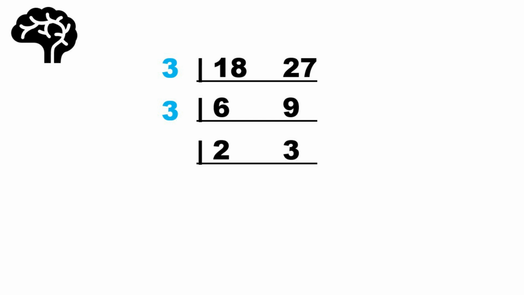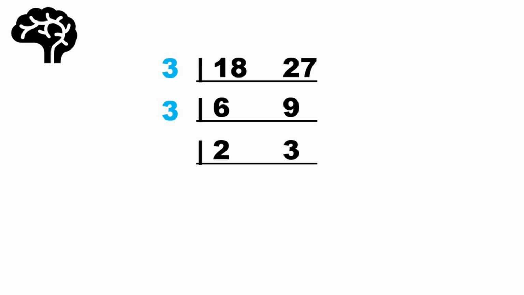So let's divide 18 and 27 by 3. 18 divided by 3 is equal to 6. 27 divided by 3 is equal to 9. 6 and 9 have a common factor of 3, which is a prime number. This means we can divide 6 and 9 by 3. 6 divided by 3 is equal to 2, and 9 divided by 3 is equal to 3.